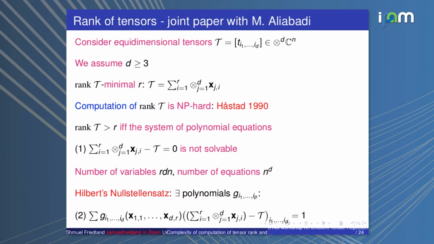Over an algebraically closed field like C, this system is not solvable if and only if, by the Hilbert Nullstellensatz, there are polynomials g i1 up to id, that I multiply by the corresponding coordinates of the system, and this sums to 1.